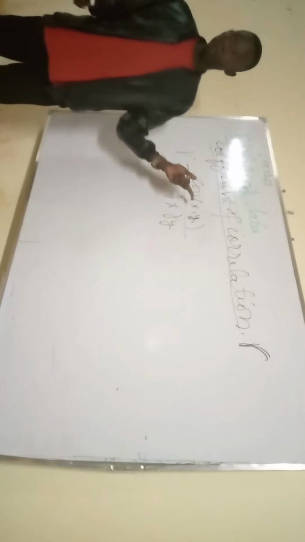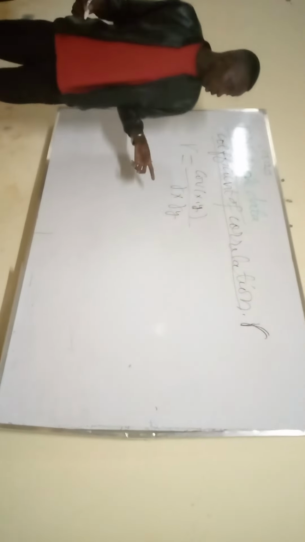Also, we remember how to calculate covariance of x and y. The unknown things here are how to find the standard deviation of x and the standard deviation of y. If you remember, we have seen the variance of x, which is 1 over n, summation of x minus x mean squared.